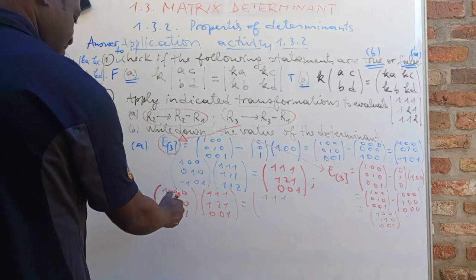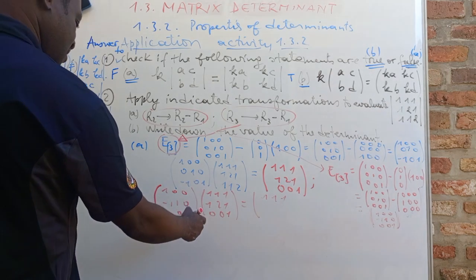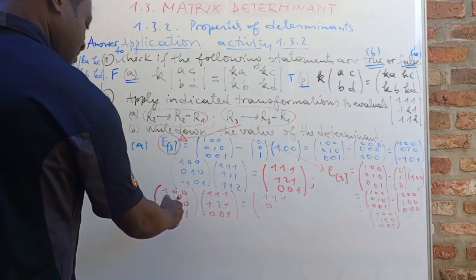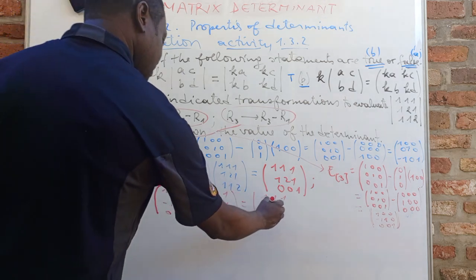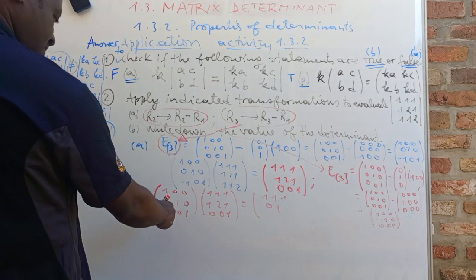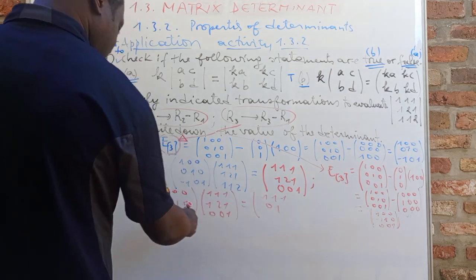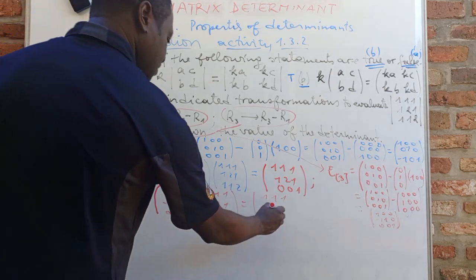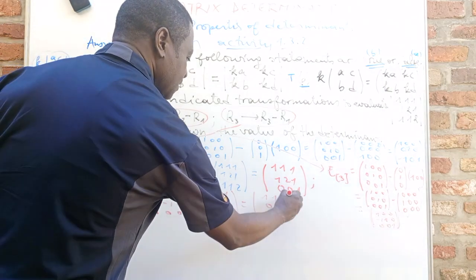Second row is going to change obviously, being 0 here, being 1 here. So 2 minus 1 is 1, 1 minus 1 is 0, and the last one won't change.